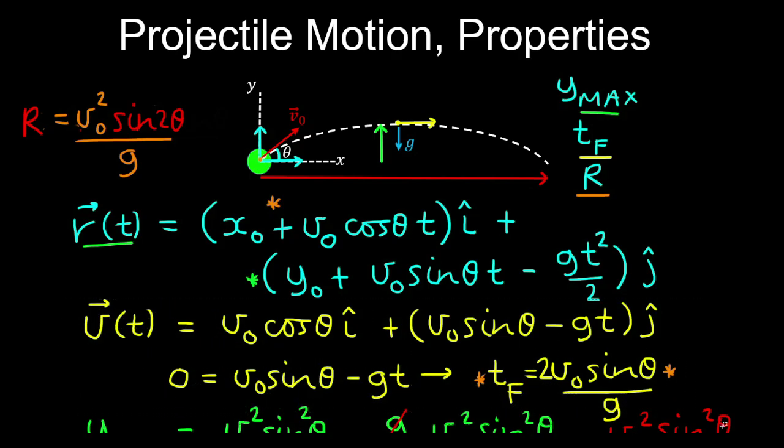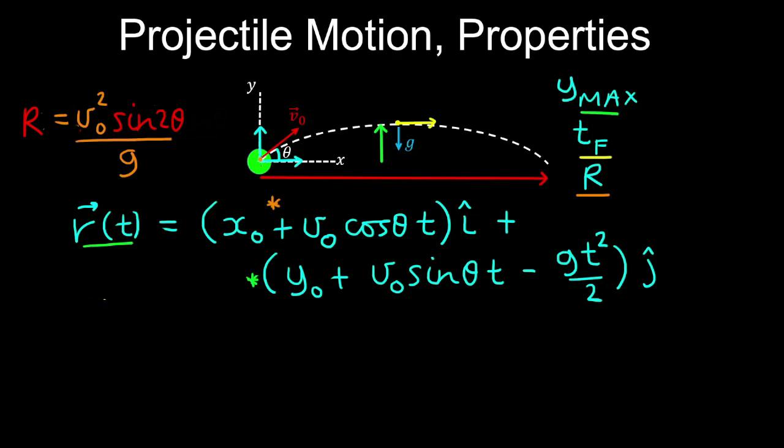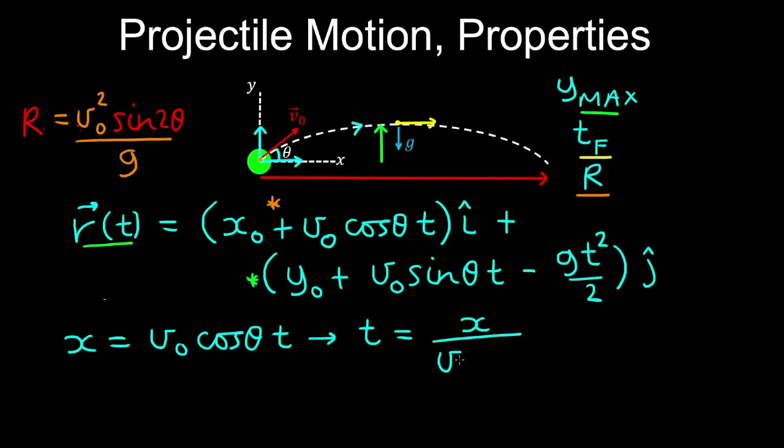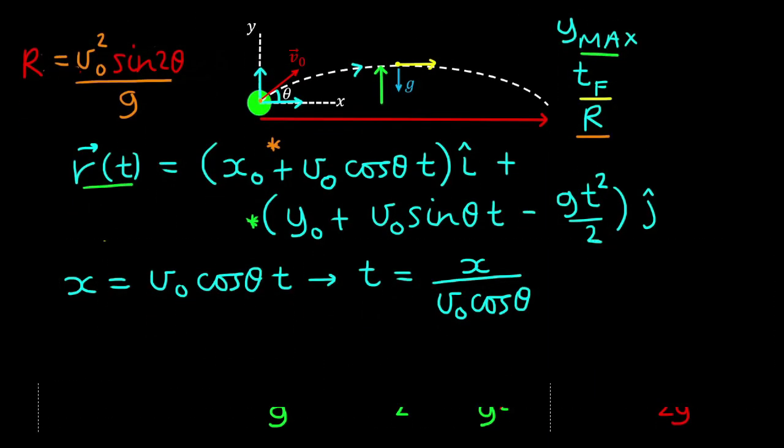Now let's make some room over here, and we can show that the path of the projectile is parabolic by taking the x component, and we'll take x naught as 0, where the launch position is at the origin of the projectile. So we have v naught cosine theta by time t, and solving for time t, we get x on v naught cosine theta, and therefore the y component is equal to y naught, which will again take as 0.